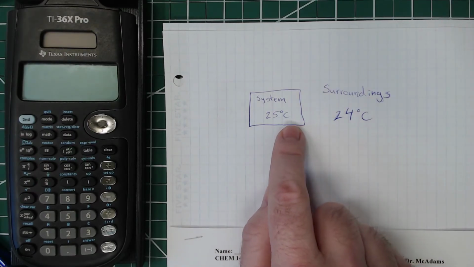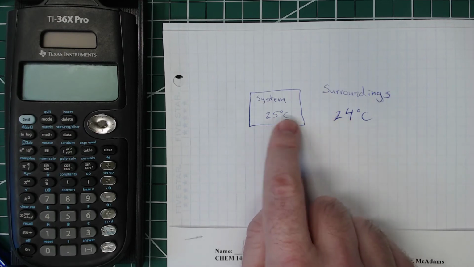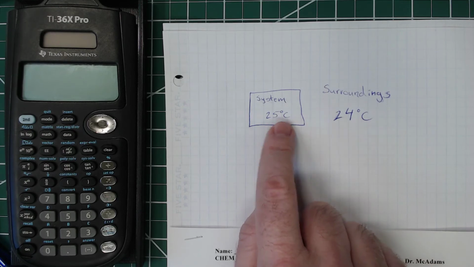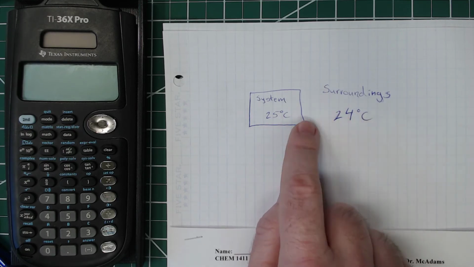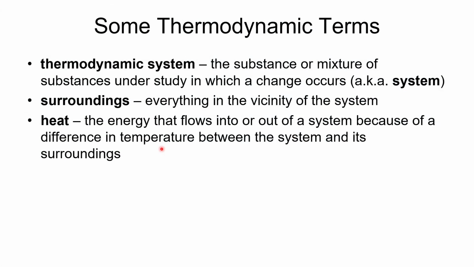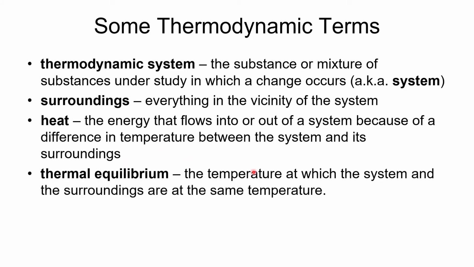The point it would stop is when the temperature of the system and the surroundings are the same. And that's presumably going to be somewhere between 25 and 24 in this particular case. We call that status, when it has stopped changing, thermal equilibrium. That's the temperature at which the system and the surroundings are at the same temperature. All right.